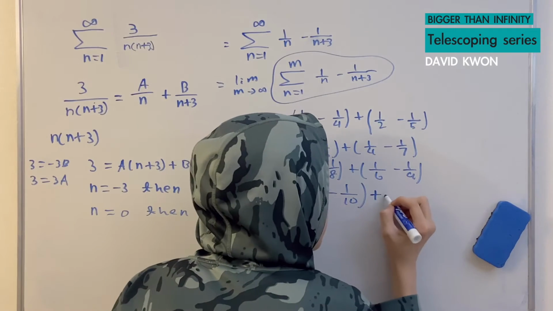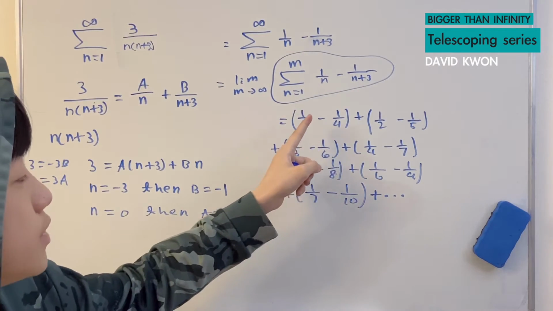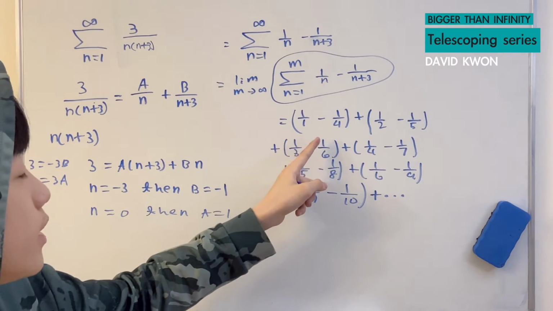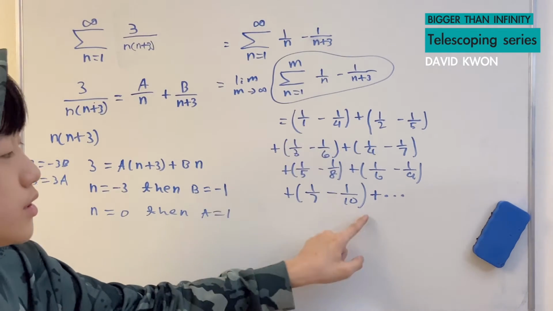You should write as many sets as you want until you figure out the pattern of how numbers can cancel off each other. The sets will go on through infinity.